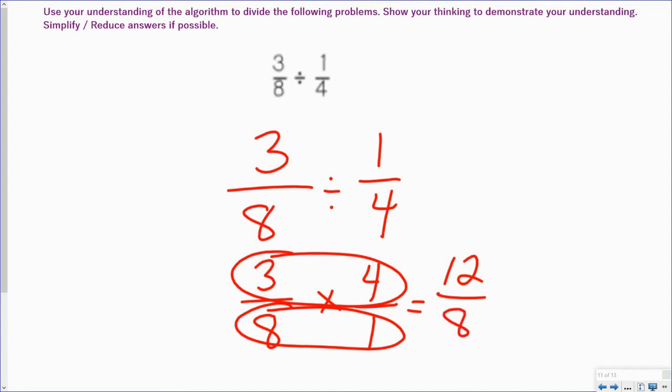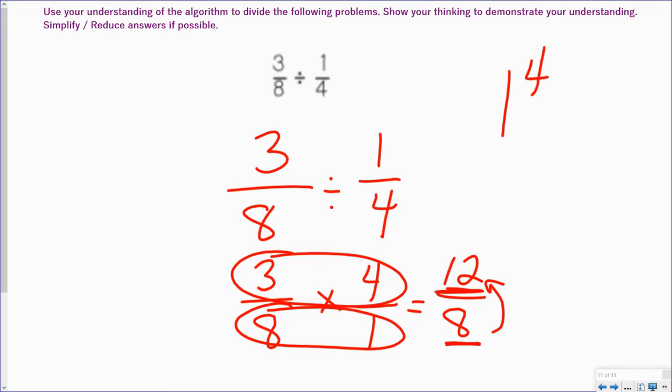Well, that gives me an improper fraction because my numerator is larger than my denominator. So I want to see how many times 8 will go into 12. And 8 goes into 12 one time with 4 left over, because 8 times 1 is 8, and then 8 plus 4 is 12.